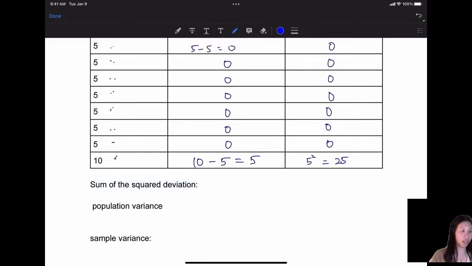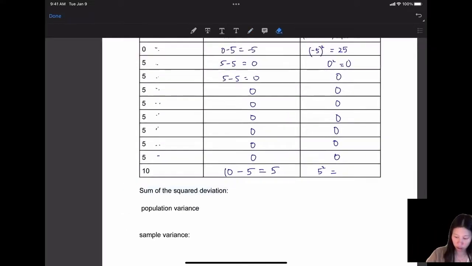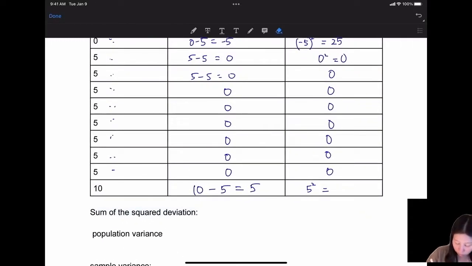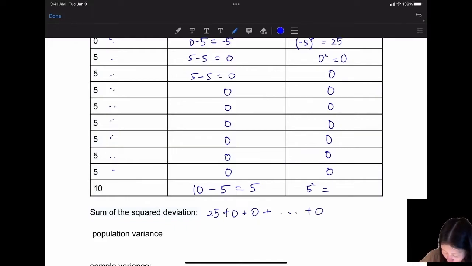Okay, after you find the squared deviations, the next thing to do is find the sum of the squares of the deviations. So the sum of it would be what? 25, add 0, and then add another 25. So the sum of the squared deviations equals 50. Now, how do you find the population variance?